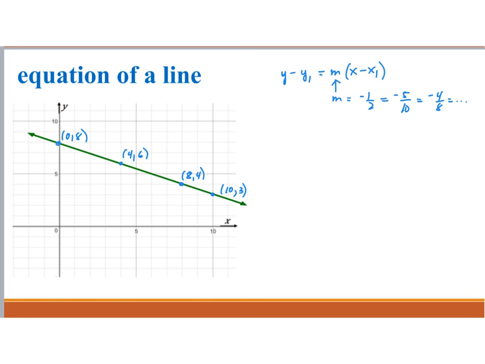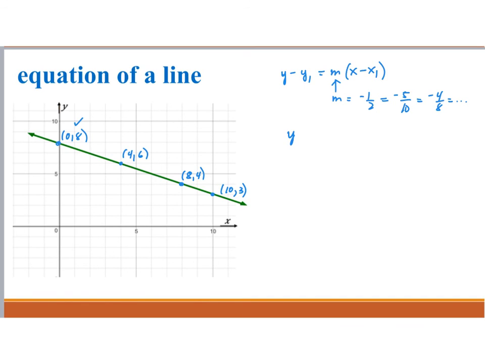To use this form, we just need any point on the line. Because there's an infinite number of points on the line, there's going to be an infinite number of ways to express it. For example, if we use this point, the x1, y1 will just be the coordinates of the point.